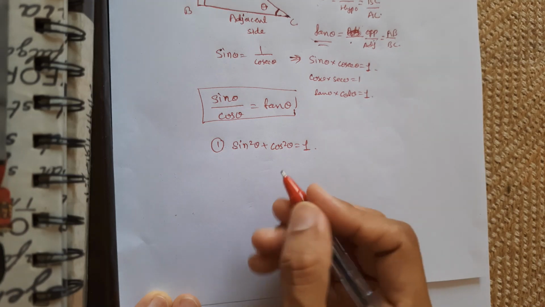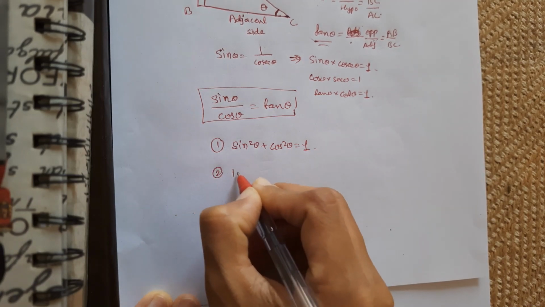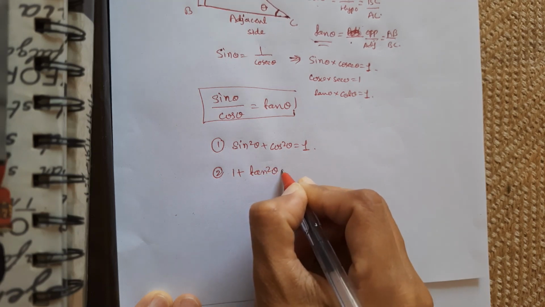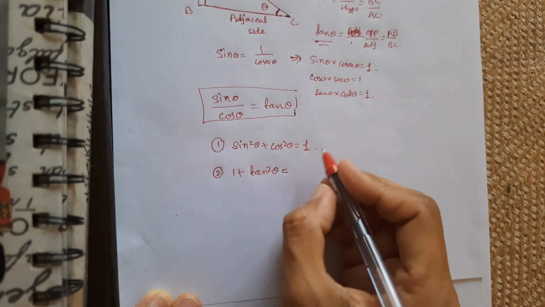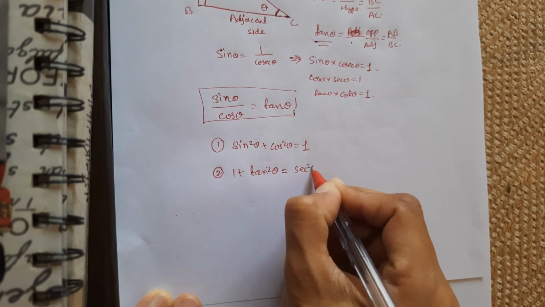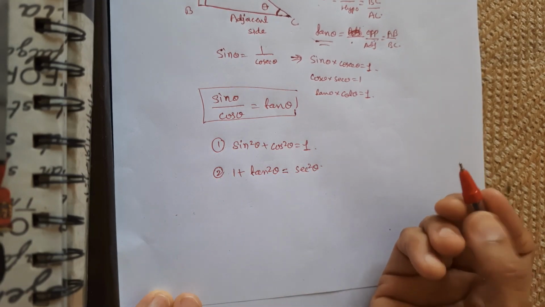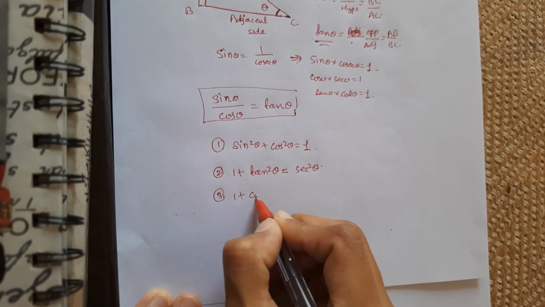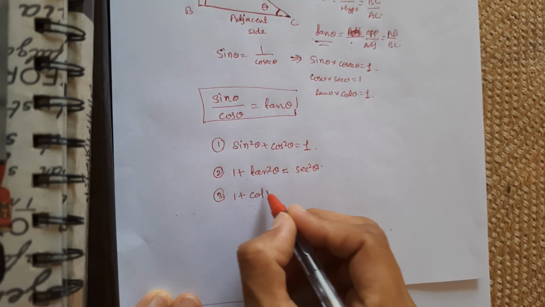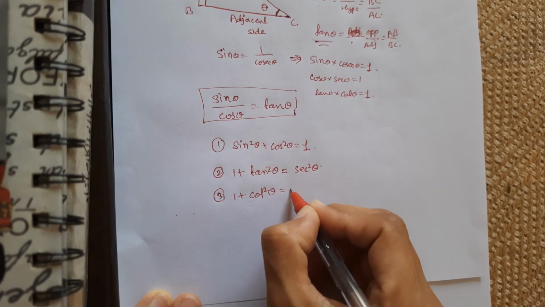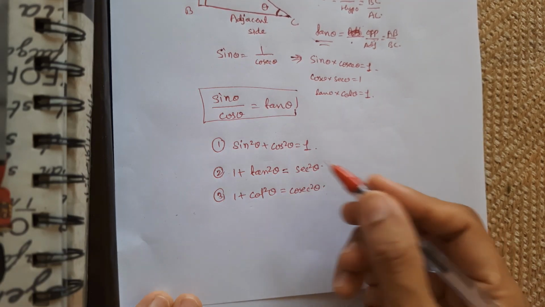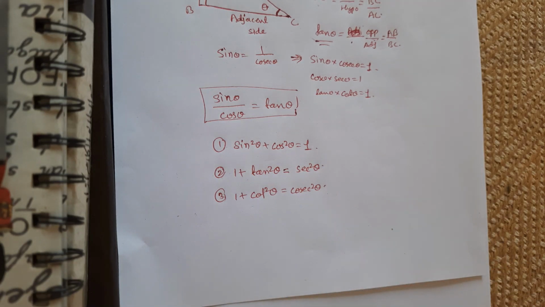One more identity is 1 plus tan square theta equal to sec square theta, and 1 plus cot square theta equal to cosec square theta. These are the 3 identities that we already know.